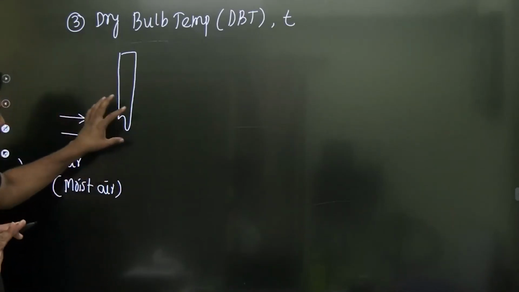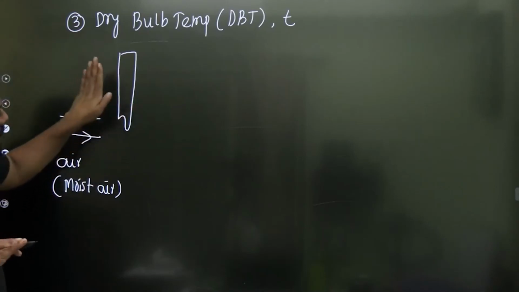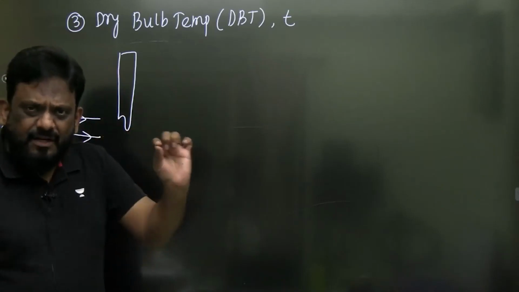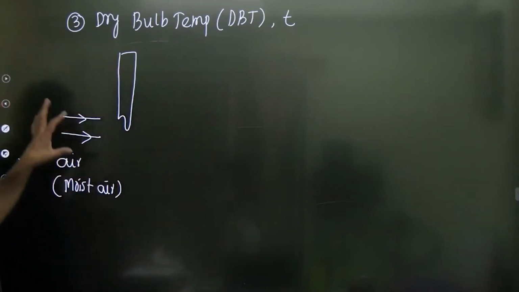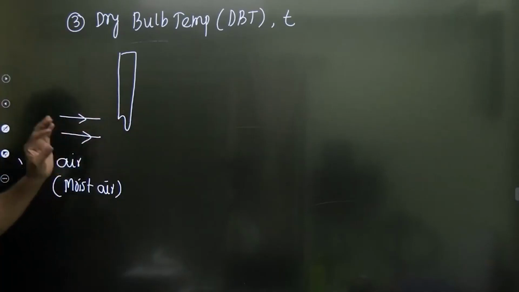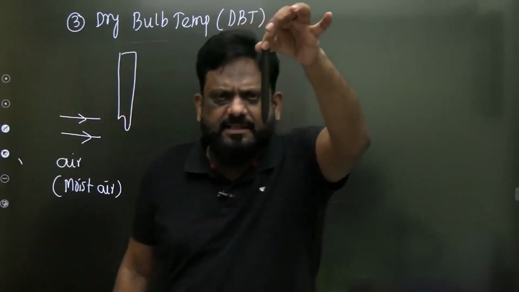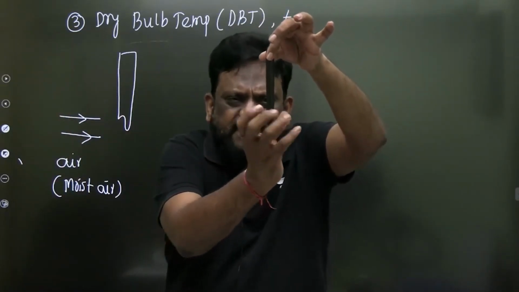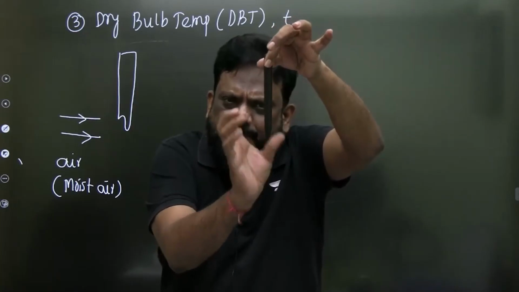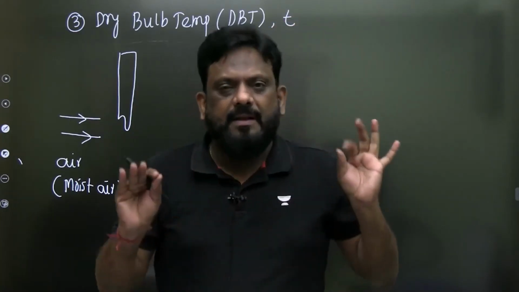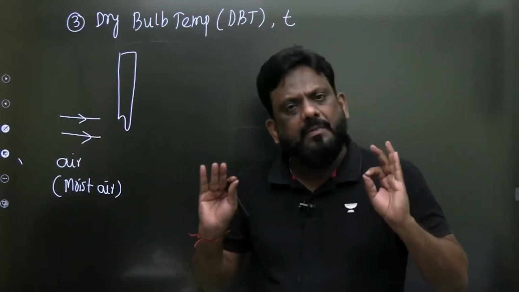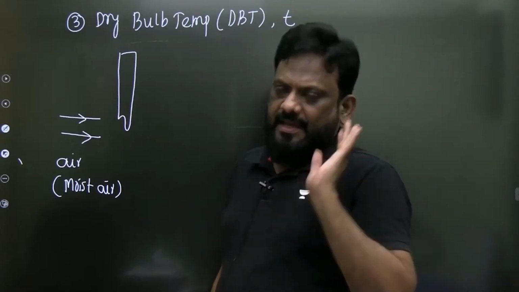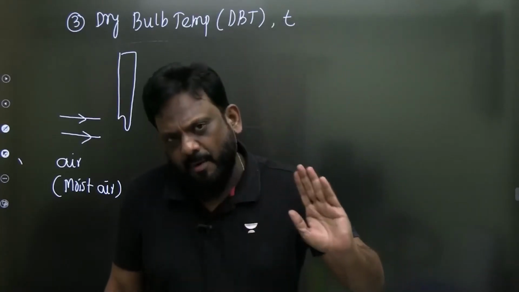Nearby artificially there is no moisture, and this thermometer is also away from solar radiation, so that the influence of that solar radiation is not felt on this temperature. So you just take a thermometer. Allow air to pass over this, and once the equilibrium is reached, our thermometer will record one temperature, and that we call dry bulb temperature, which is simply the normal temperature of air. So dry bulb temperature is simply the normal temperature of air measured by an ordinary thermometer.